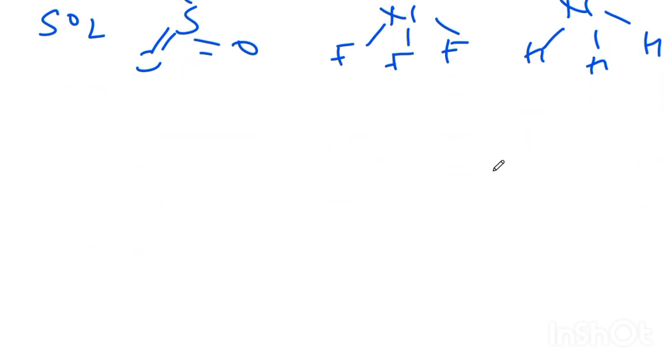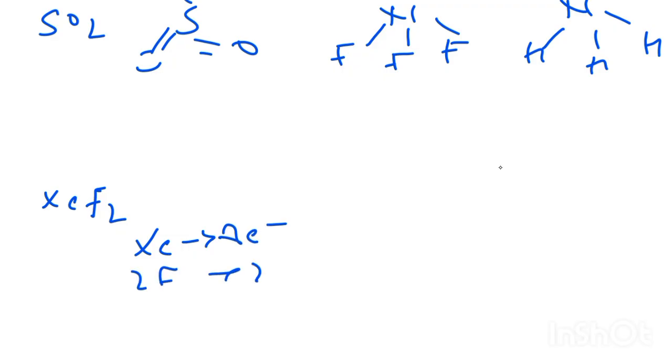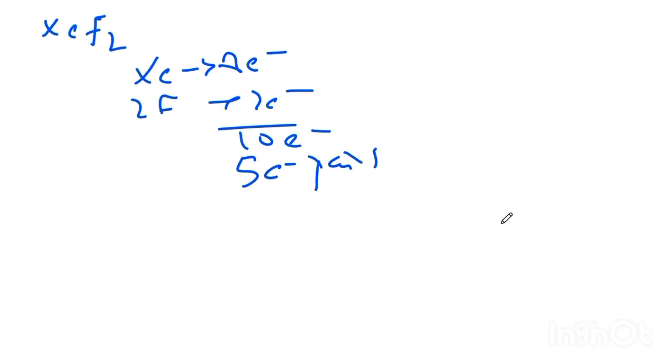and 3 fluorine. Ammonia has one lone pair and 3 hydrogen. Next is XeF2. Xenon has 8 electrons, and fluorine has 2 electrons, therefore 10 electrons and 5 electron pairs. Out of 5 electron pairs, 2 are bond pairs, 3 are lone pairs. 2 are bond pairs because there are 2 fluorine atoms.